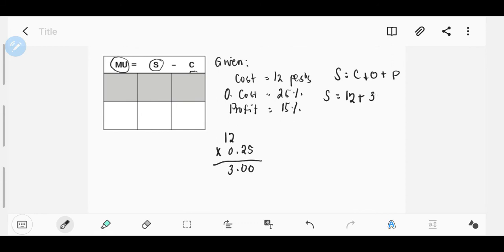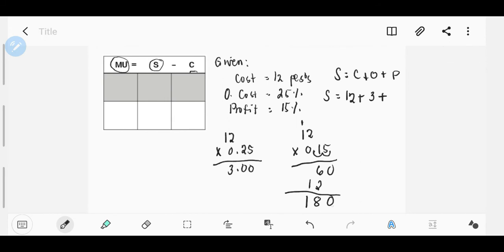Okay. So, 3. And then the profit is 15%. So, 12 times 0.15. Then we have two place values.